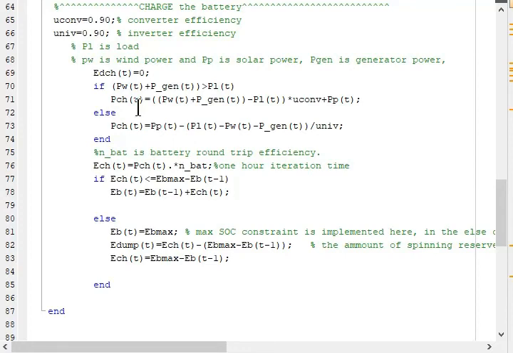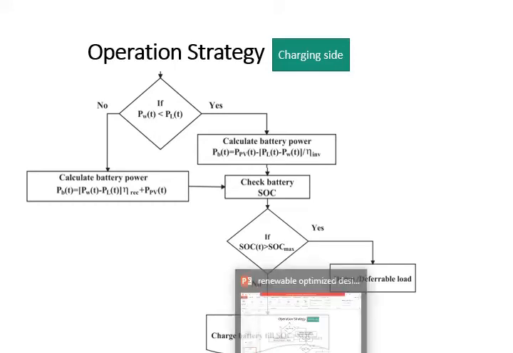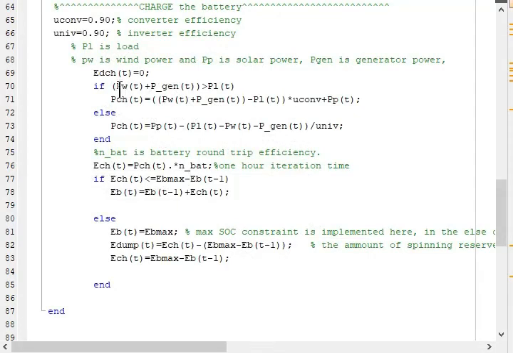First of all, the same as in this flow chart, you check whether only the wind is sufficient or both are necessary to meet the load demand. Here it will be the solar instead of generator.